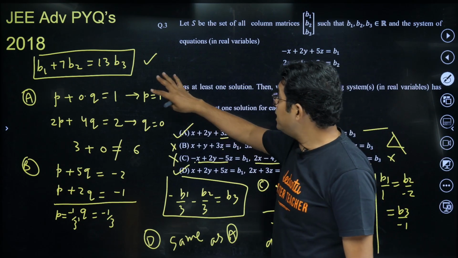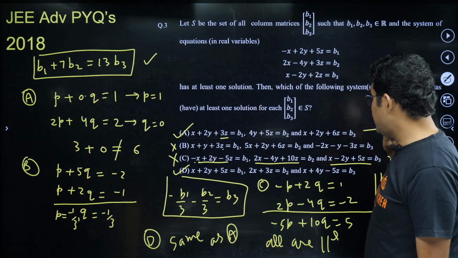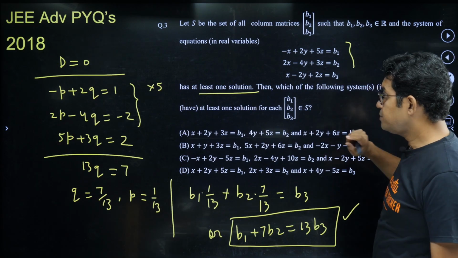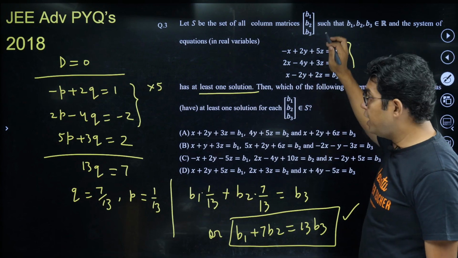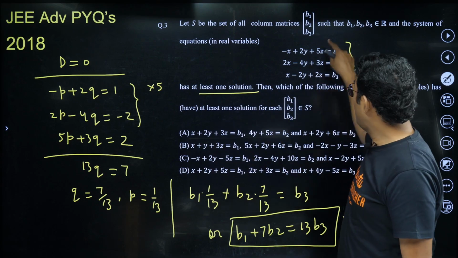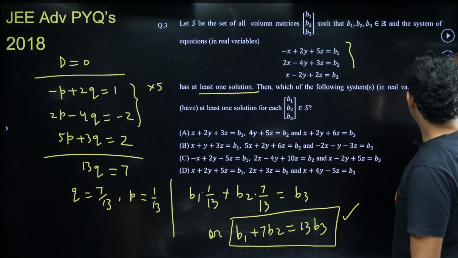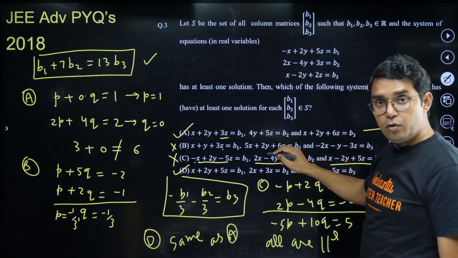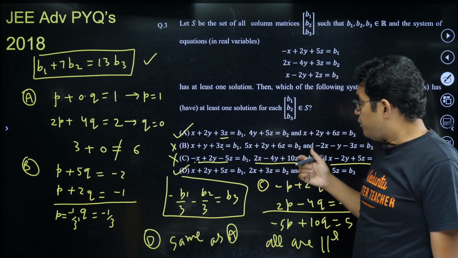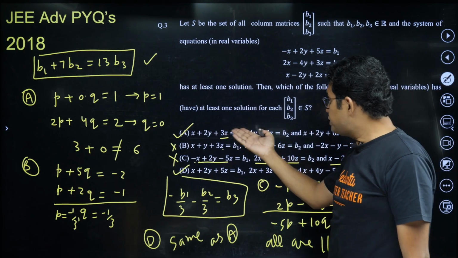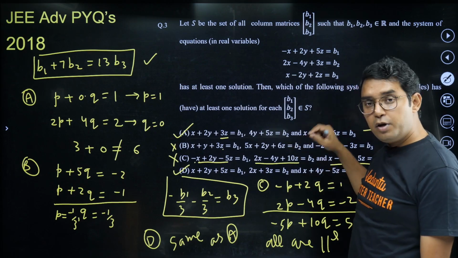I hope you understand how we have done it. We started with the previous slide. For this system of linear equations, we found P, Q. We obtained the relation between B1, B2 by that shortcut method only. And then we checked all the options, because we don't know which system they have given, so we have to solve for each option.